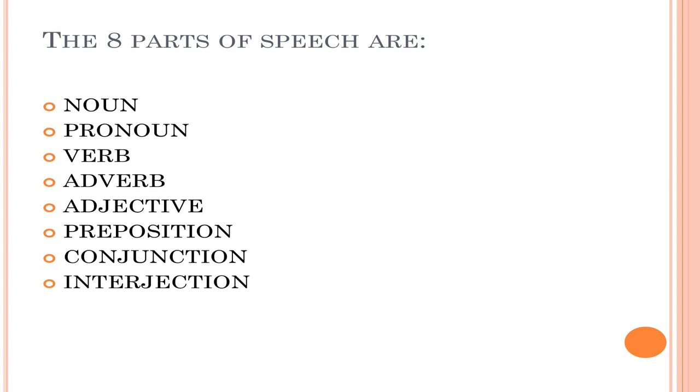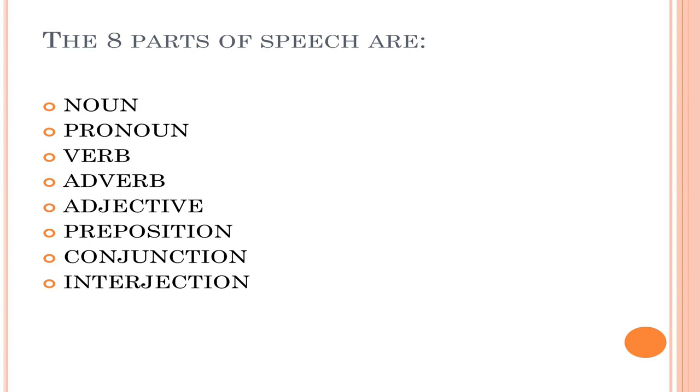There are 8 parts of speech we have in the English language, although some other scholars will want to say there are 9, classifying the 9th one, but I will explain as we go on in the lesson. So the 8 parts of speech we have are: 1, the noun, 2, pronoun, 3, the verb, 4, the adverb, 5, the adjective, 6, preposition, 7, conjunction, 8, interjection.